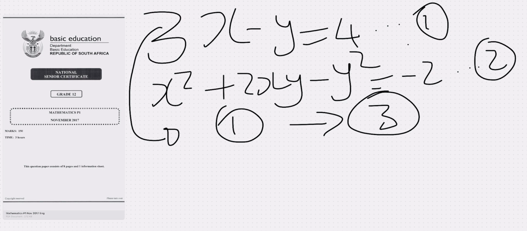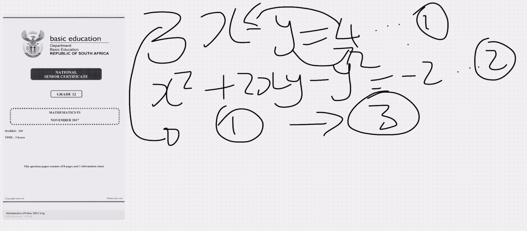In equation 1, you see that your x has a coefficient that is not 1, but it's relatively easy to make y the subject of this equation. So it'll be a matter of taking this here and this here. You're taking y from one side to the other side and you're taking 4 to the other side. They call it transposing in high school. Okay, cool.